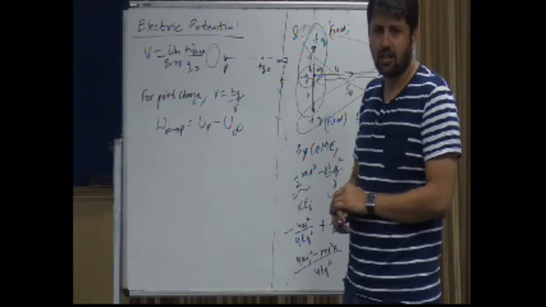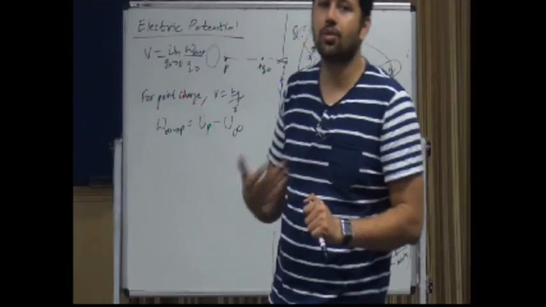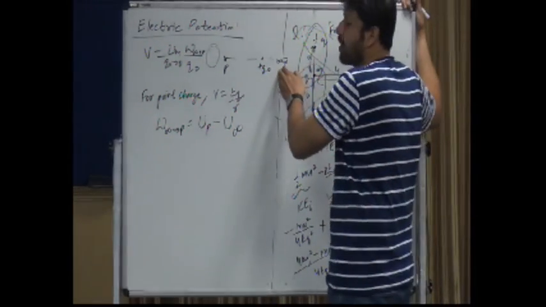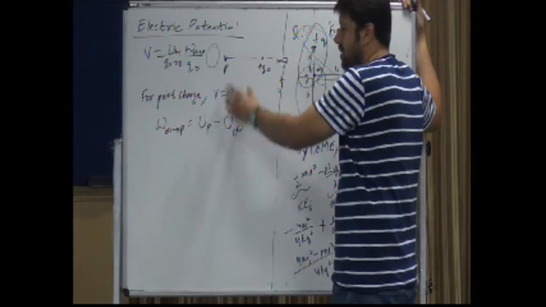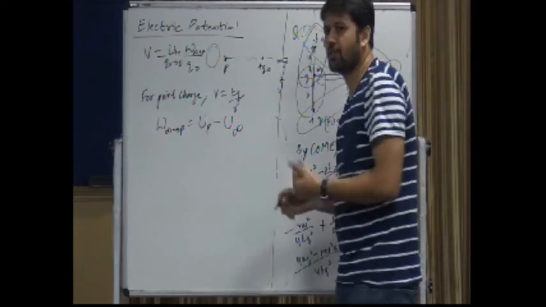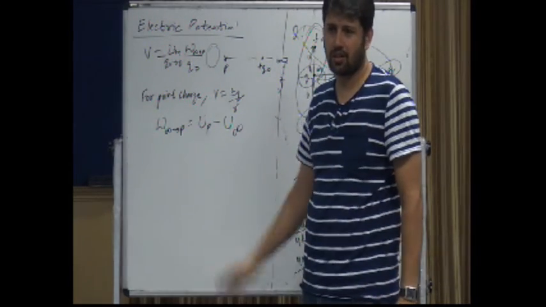Is it okay? Change in potential energy, because this is what we did. Work done is stored as potential energy, right? So for taking the charge from here to here, this much is the change in potential energy, and this energy would be supplied by what? External forces and all.